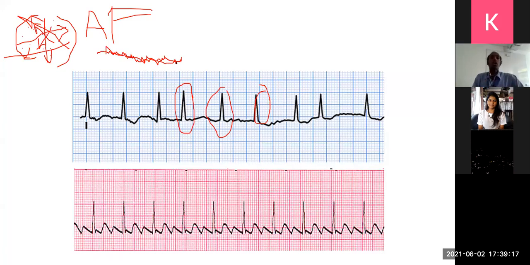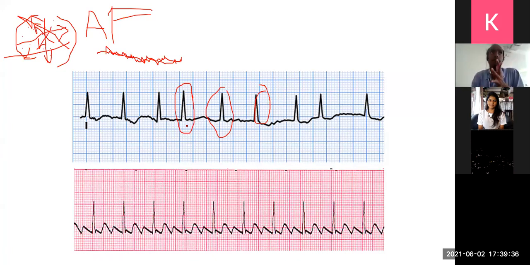So we are talking about atrial rhythms: abnormal P, normal QRS. If the P wave is so grossly abnormal, broken into thousands and thousands of pieces, creating an irregular baseline, that is atrial fibrillation. So what are the features of atrial fibrillation?